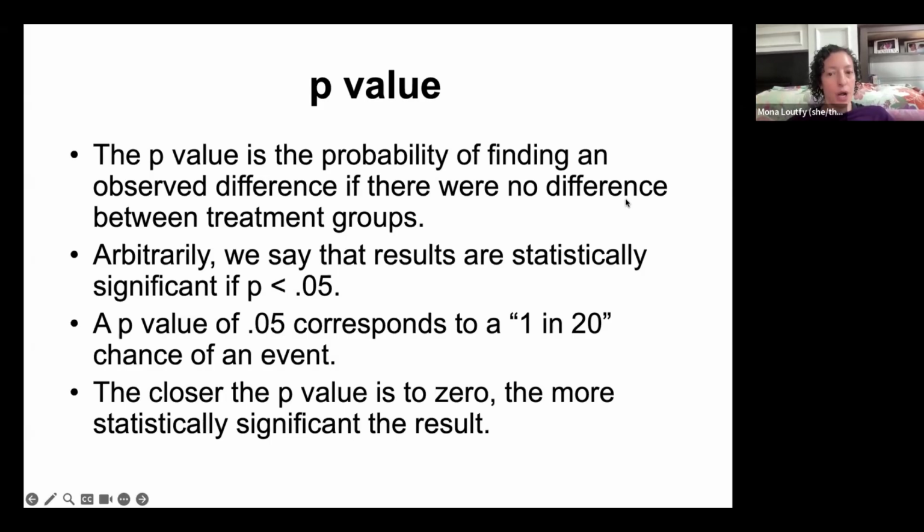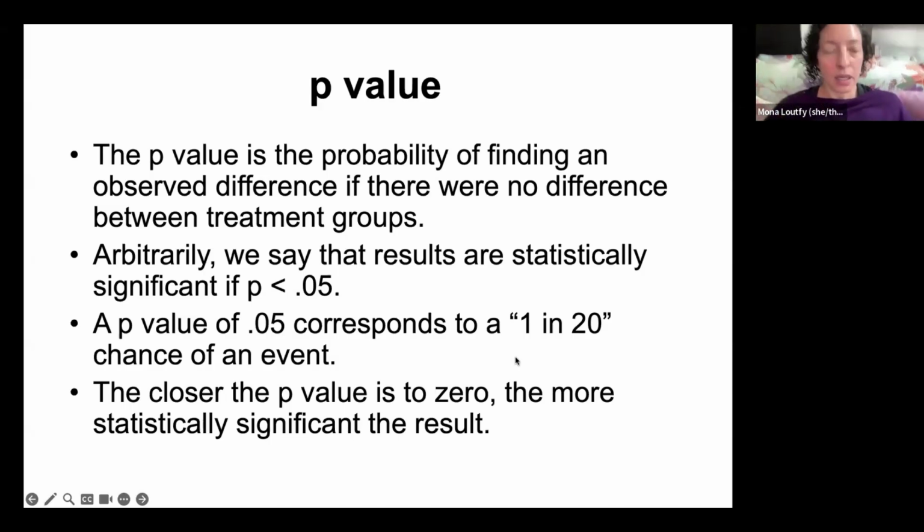The p-value is the probability of finding an observed difference if there were no difference between the treatment groups. We arbitrarily say that a result is statistically significant if the p-value is less than 0.05. And you see, that's arbitrary.